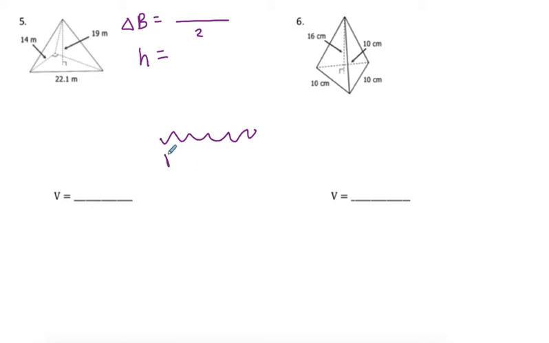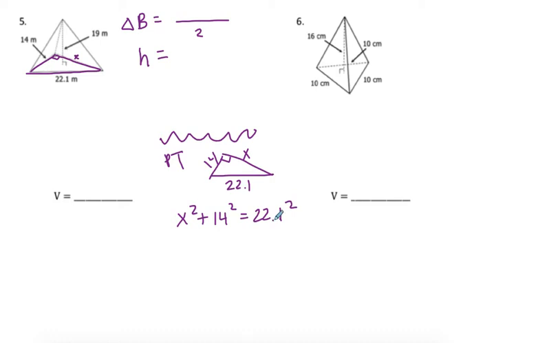So go back down. Let's do Pythagorean theorem. I do have a right triangle base, but I don't have the right angle here. I'm missing this piece. So I have my right triangle where I know this is 14. They're pointing at that. We know this is 22.1, but I'm missing this piece. So I'll set up x squared plus 14 squared equals 22.1 squared.